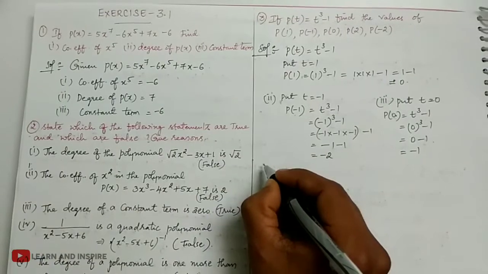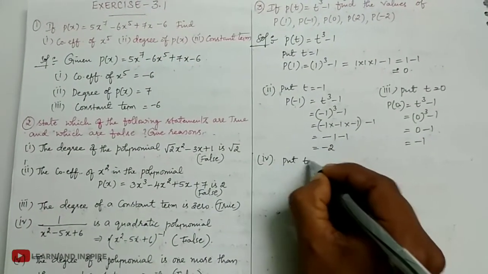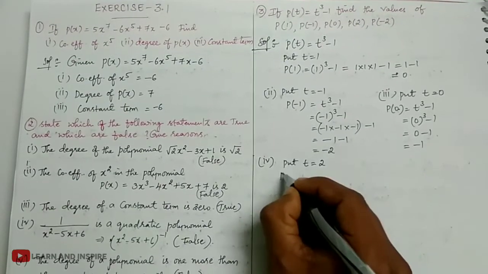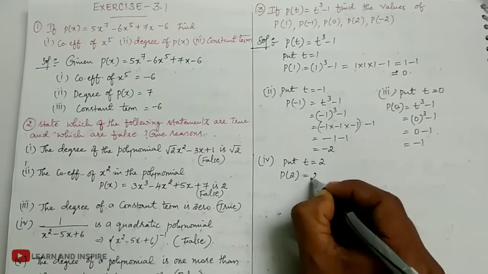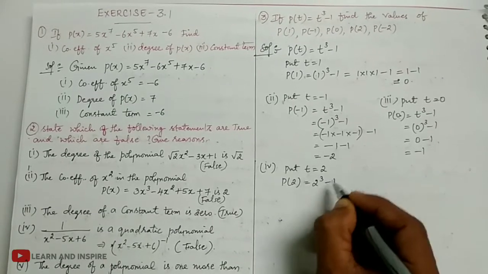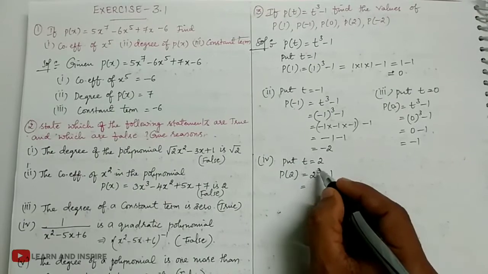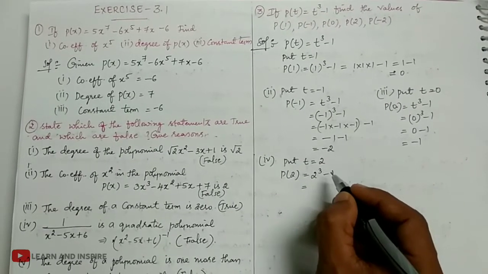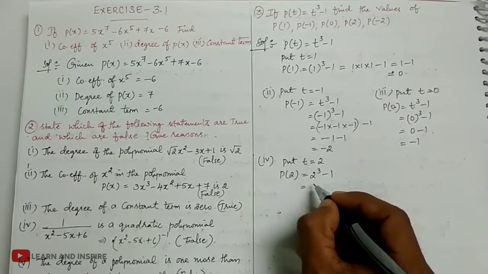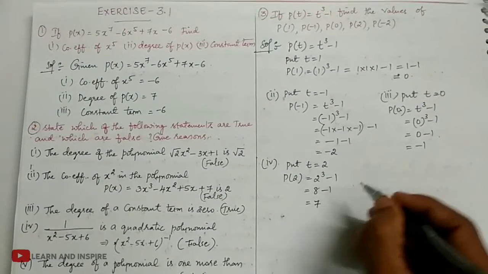Next, the fourth one, put t equal to 2. P of 2 is equal to 2 cube minus 1. In place of t I am substituting 2. 2 cube is 8 because 2 is multiplied 3 times. 2 into 2 is 4, 4 twos are 8. 8 minus 1 is equal to 7.